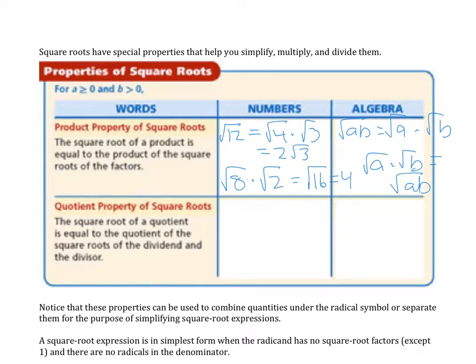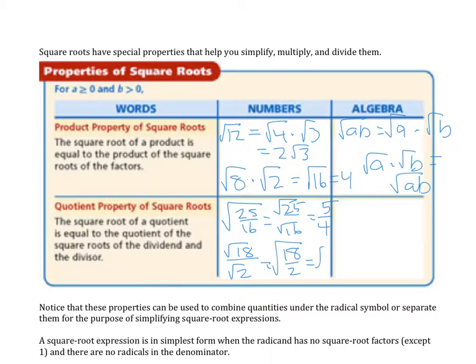And the same thing with the quotient. If I'm doing square root of a fraction, I can split it, or I can combine, so algebraically it looks like this.